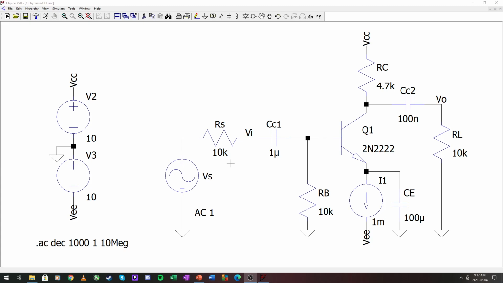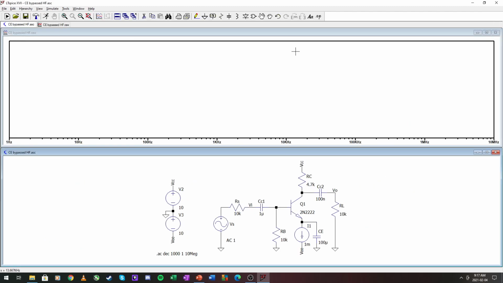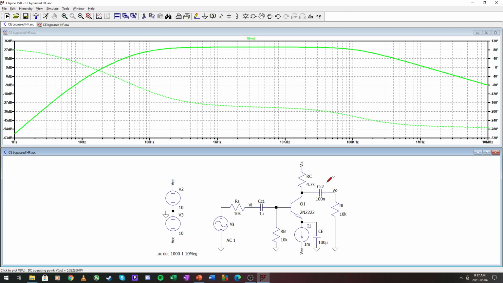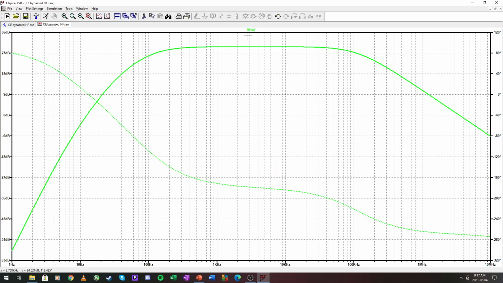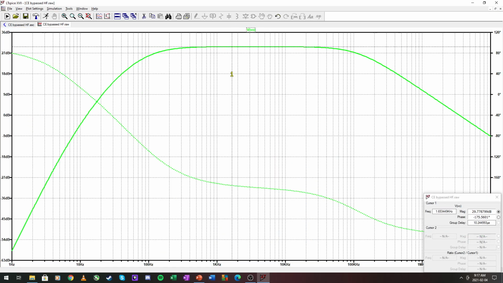Alright, so here is our original circuit. Let's run it and take the output. Let's see, our maximum gain here seems to be 29.7, so the minus 3 decibel point is 26.